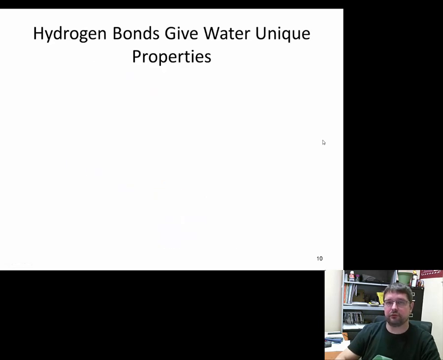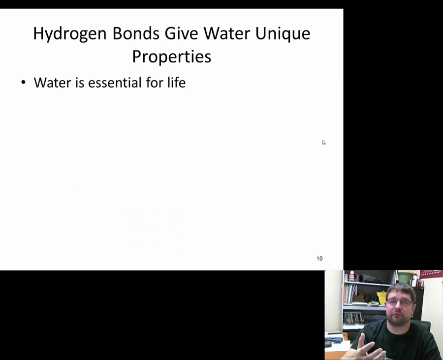This brings me to what gives water its unique properties, and a lot of that comes from hydrogen bonds. We know that water is essential for life. This is probably one of the biggest reasons NASA even exists: to explore outer space, the universe, to find out if there is life elsewhere. And we're almost always looking for water.